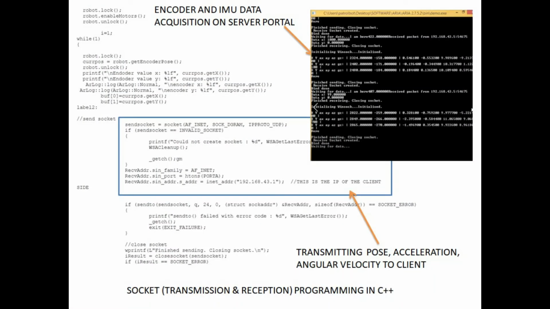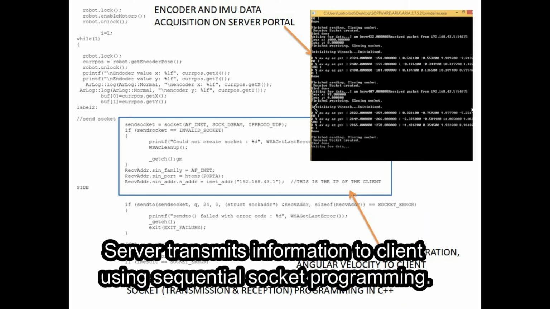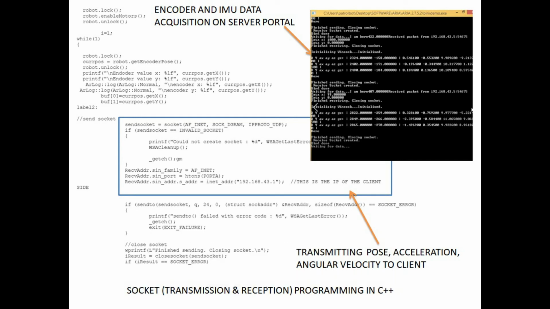The server-side code has been written in C++ in association with the ARIA library for PetrolBot. The transmission and reception processes have been performed in sequence by socket programming. Pose, acceleration, and angular velocity of the pursuer are transmitted at a predetermined periodicity depending on the processing speed of the camera.